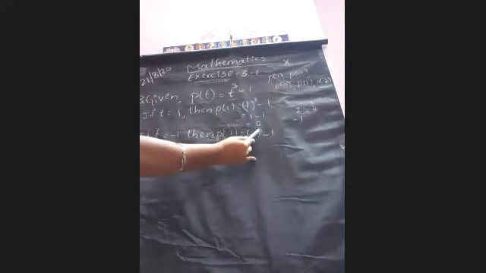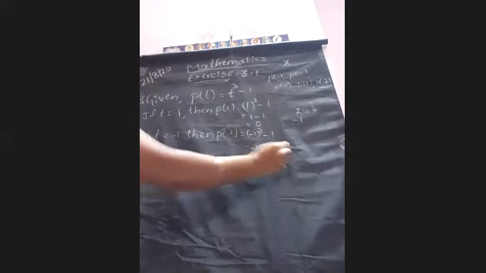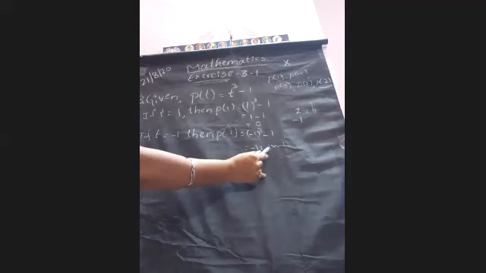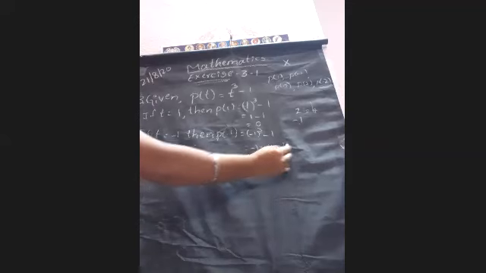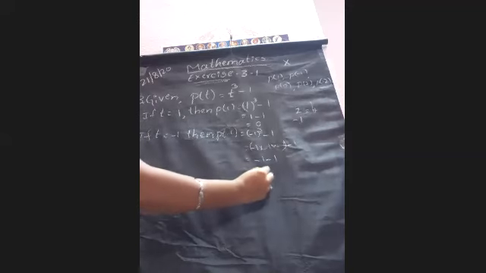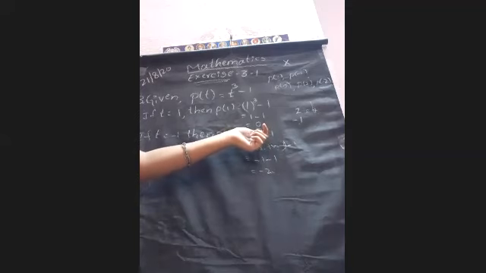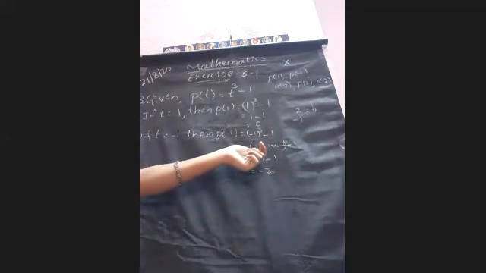Cube means we will get minus 1. Suppose minus 1 into minus 1 into minus 1: minus into minus gives plus, plus into minus again gives minus. So minus 1, minus 1 equals minus 2. No need to write all this. When we check the degree, power 3 is there. When we get odd numbers, we write the sign negative. If an even number is there, we will get plus.